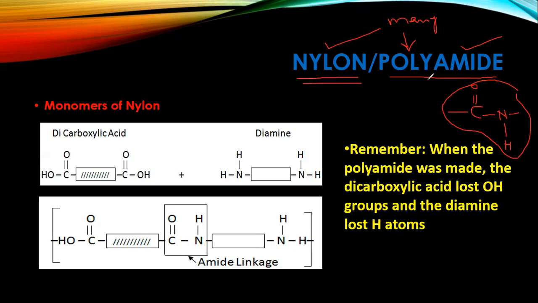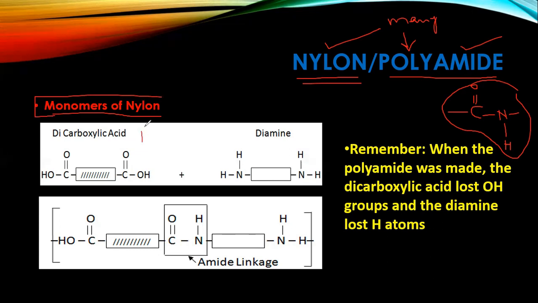Dear students, you know very well that condensation polymers are formed by the joining, by the linking, by the bonding of two different monomers. Whenever we use the words two different monomers, it means both of these monomers contain different functional groups. So let's have a look at the monomers which are used to make nylon.